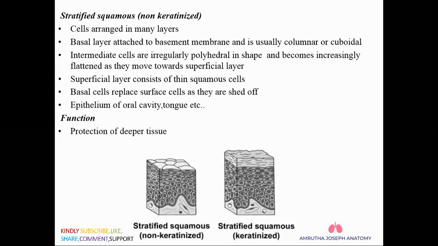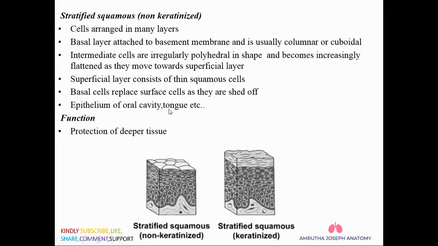Some part of the epithelium may be lost during this process, but that has to get replaced from the bottom. Just think that you have a simple epithelium in the mouth. What happens is that when you eat food, that epithelium gets shed off and your body is exposed, but here it does not happen because you have stratified epithelium. Even if these cells are removed with the food, we have other cells that will slowly replace them.